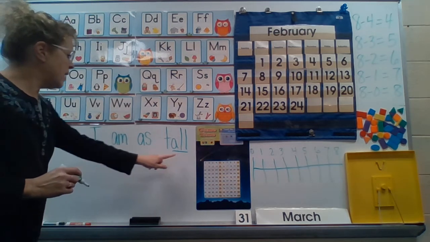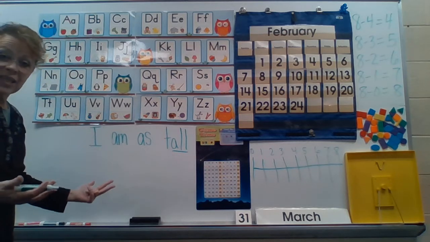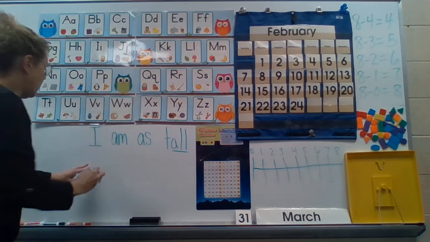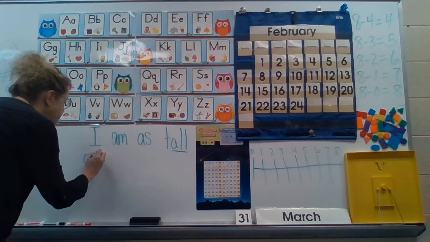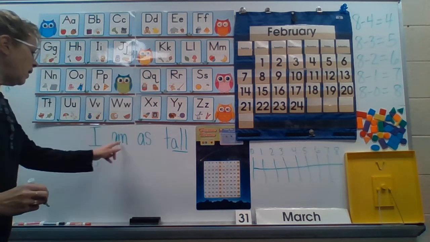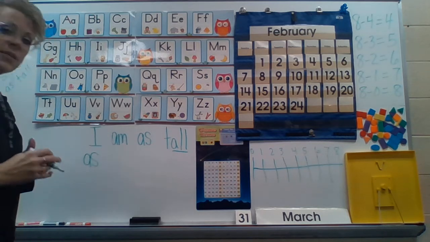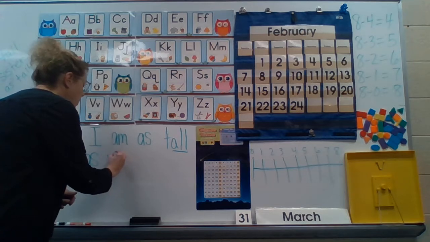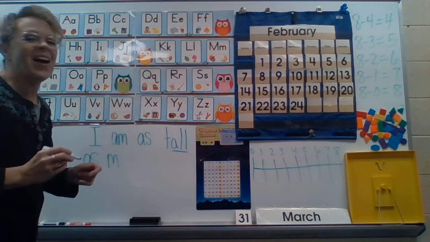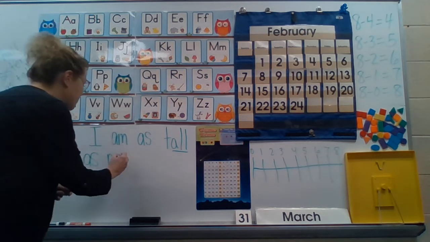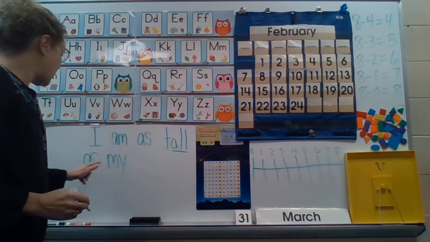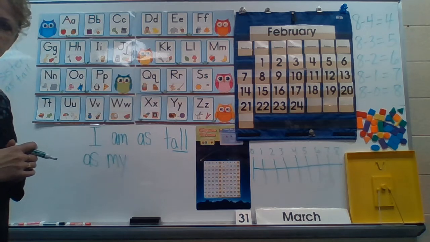Okay. I am as tall. Then you have to say as again. I am as tall as something else. And we put as again. I am as tall as my, there's our tricky word, it's M-I. No, it's M-Y, right? I am as tall as my sister.